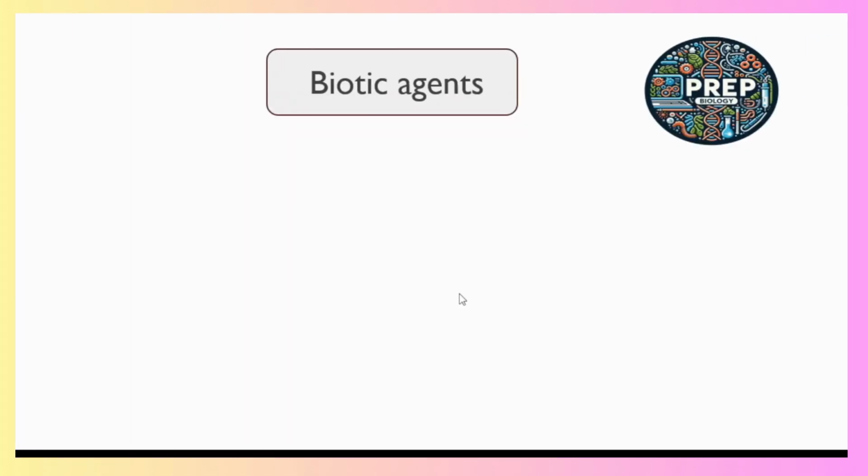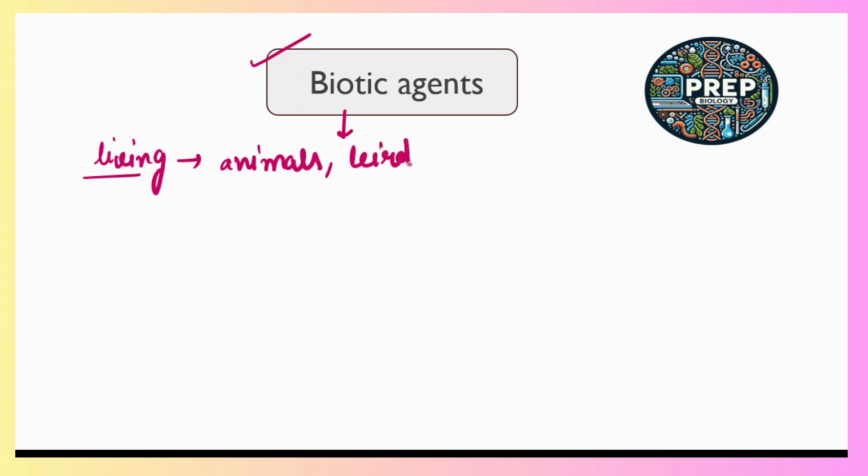Now let's discuss the second type of agents of pollination, that is the biotic agents. If the pollination occurs by biotic agencies, that is living organisms like animals, birds, insects, etc., then those agencies are called biotic agents.